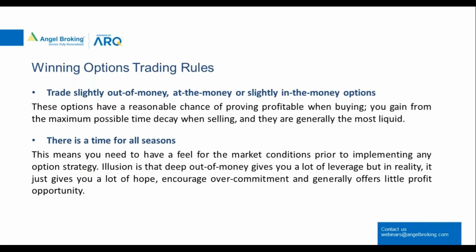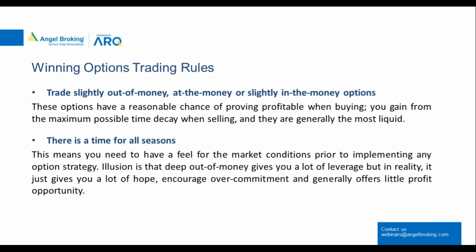You gain from the maximum possible time decay when selling, and they are generally the most liquid. If you're on the buying side of options, generally you should look at buying slightly out of the money, at the money, or slightly in the money options.